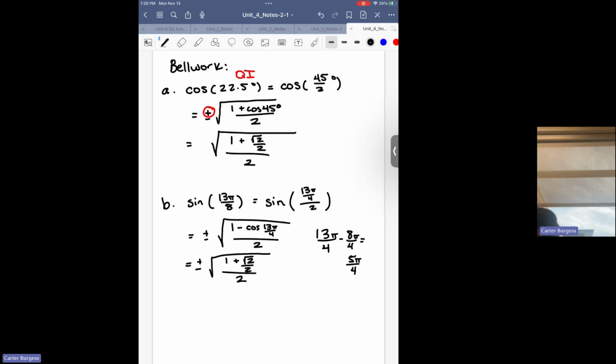What are the 2 quadrants that we know for a fact this is going to be between? I would definitely say 3 or 4, because 13 over 8 is more than 1. So 13 pi over 8 should be more than pi. We are past quadrant 2.